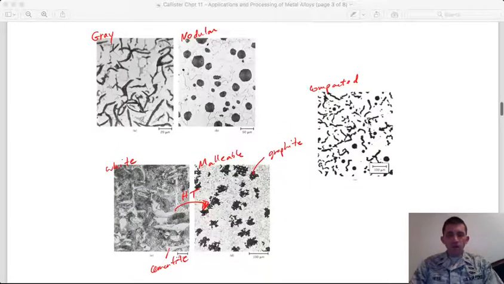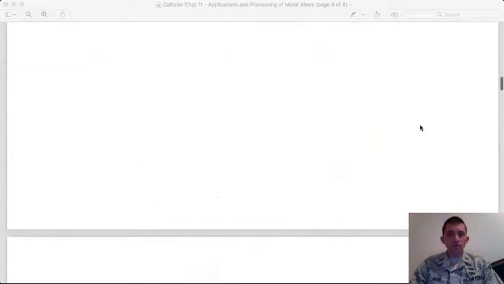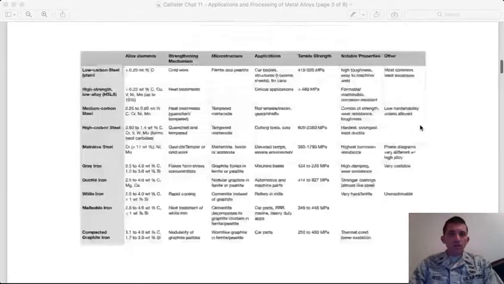And then here you have compacted graphite, where you have a mixture of the others, where you've got some of these harder flakes, and then the more nodular regions. But I'll go up to this table.